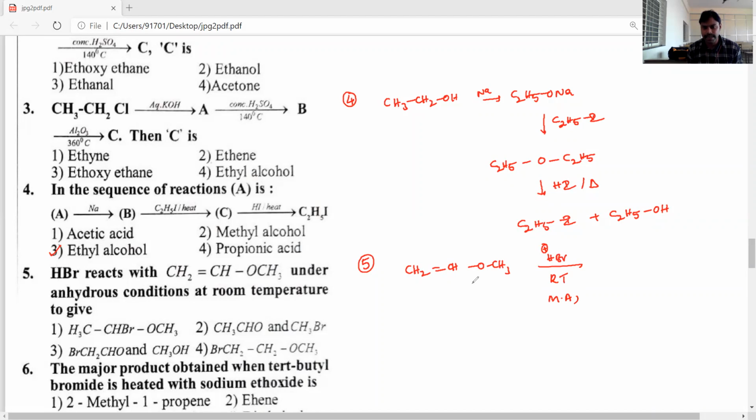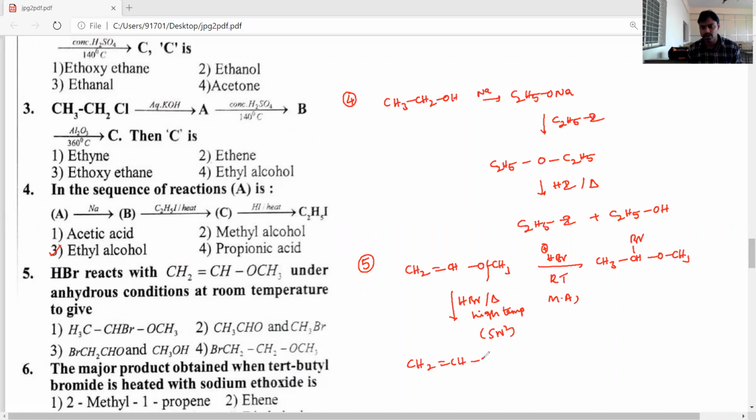H plus is added at the double-bonded carbon containing more hydrogens, giving CH3-CHBr-OCH3. If the same compound is treated with HBr upon heating at high temperature, then this cleavage takes place according to the SN2 mechanism.